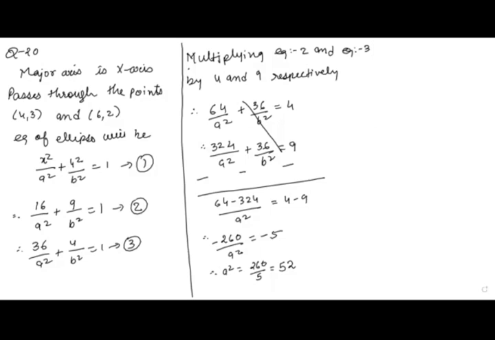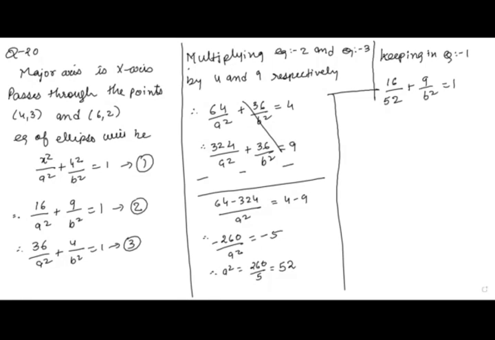Right, I got the value of a square. Now I am free to keep it in equation 2 or equation 3, wherever it fits. So we keep this value of a square in equation 1. So 16 by 52 plus 9 by b square is equal to 1.